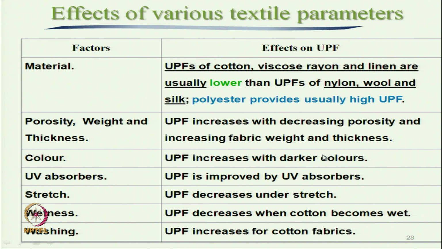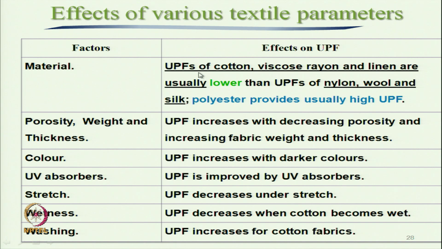Now, we will discuss the effects of various textile parameters on ultraviolet ray protection. These factors are material related factors. We can use different materials for making textile for UV protection.